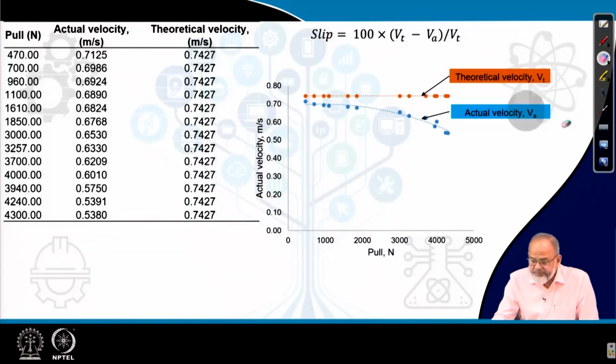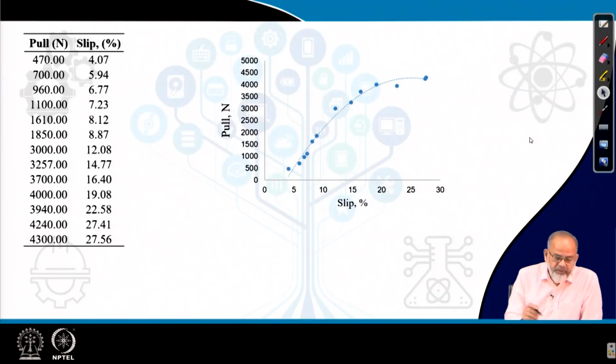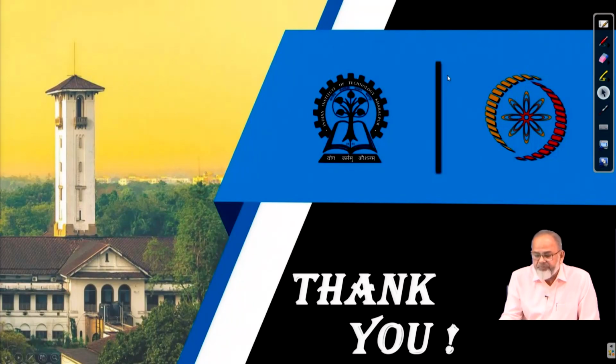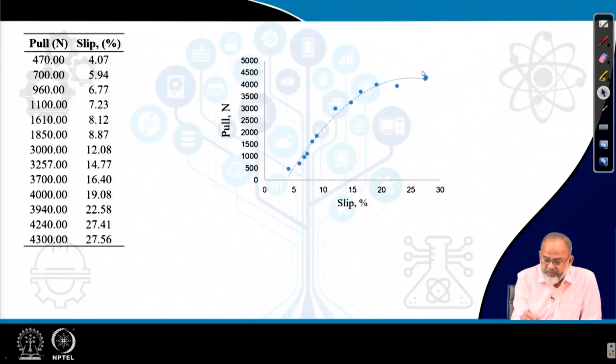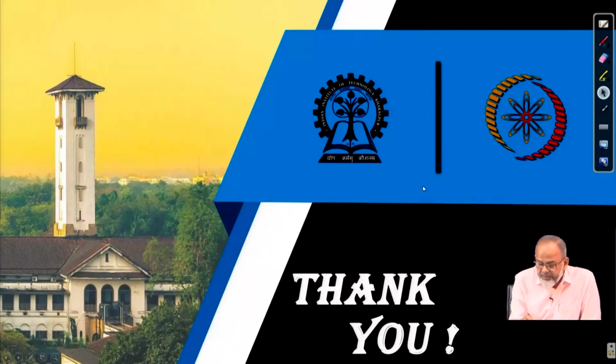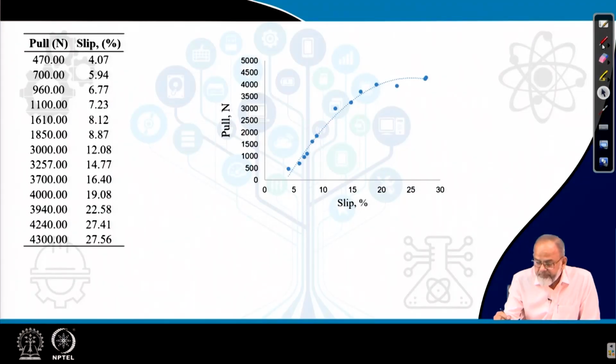Now, the next slide, pull versus slip. Pull is on the y axis and on the x axis I have taken slip. What we are observing here is, pull is increasing up to a certain extent, after that it is almost reaching a peak and remaining constant there. Beyond that, if you increase slip, it will come down.